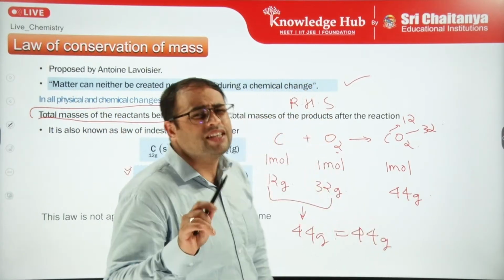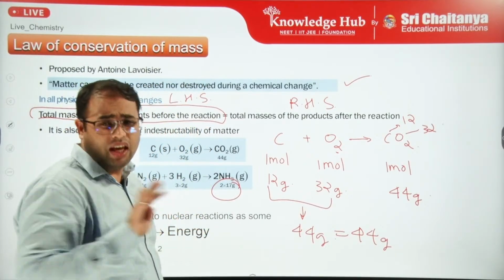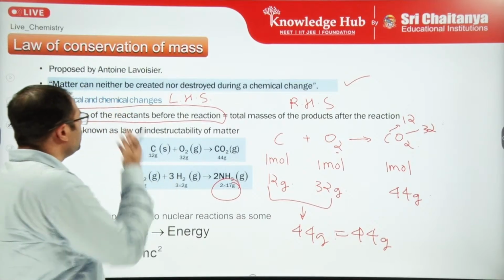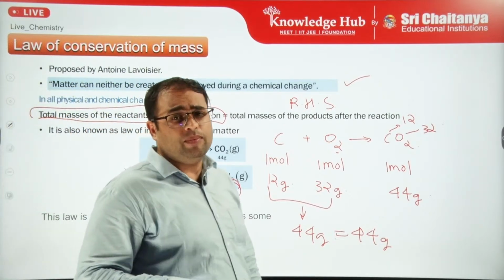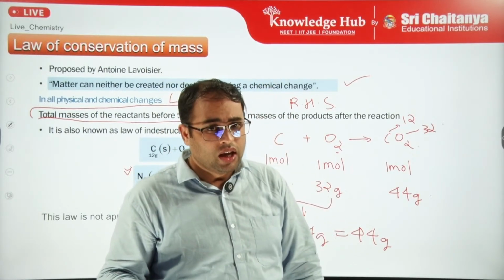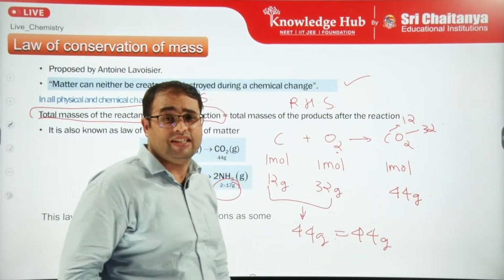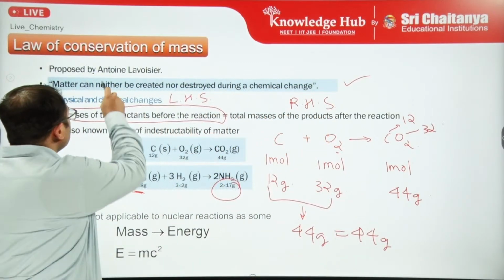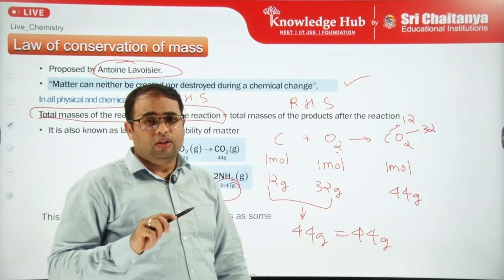Yes, I know you must be thinking that this is such a basic thing. Why do we have to learn it in the form of a law? Understand this: in ancient times, we did not have any laws of chemical combination. When science itself was progressing and chemistry was progressing, this law was proposed by Antoine Lavoisier.